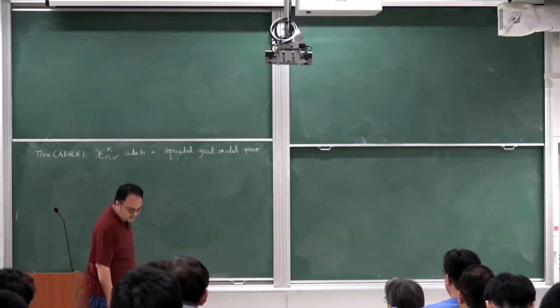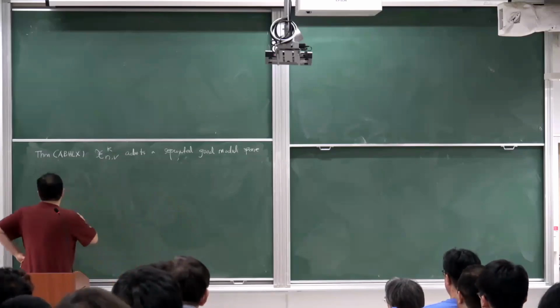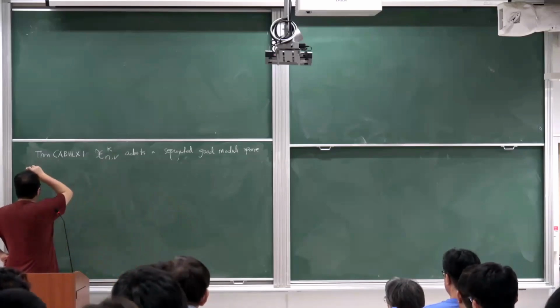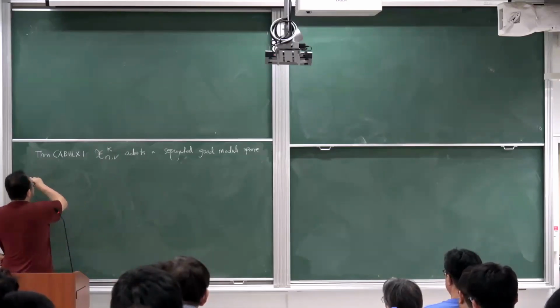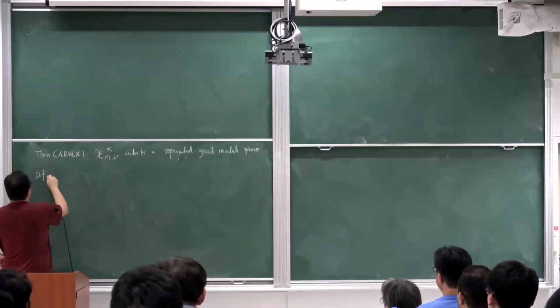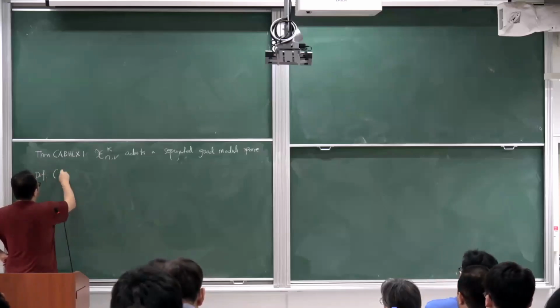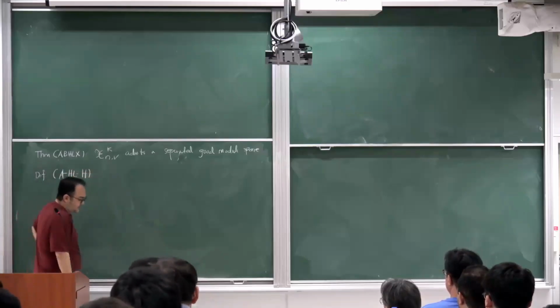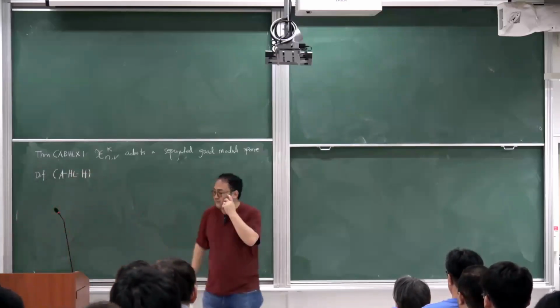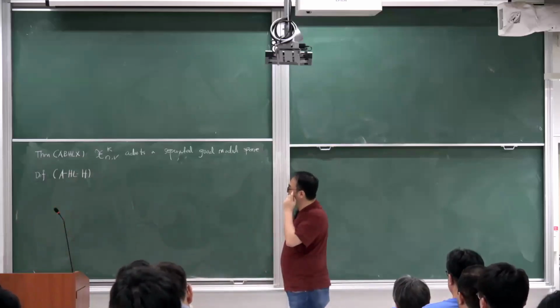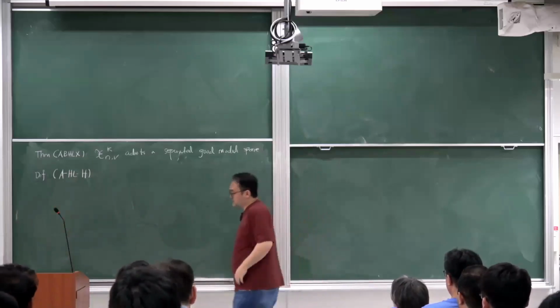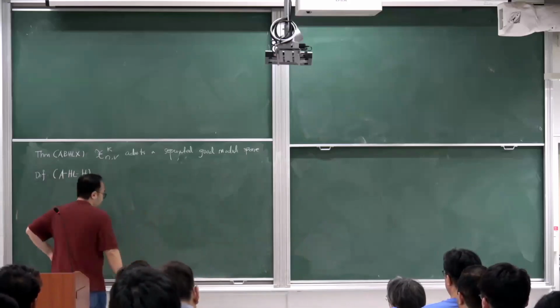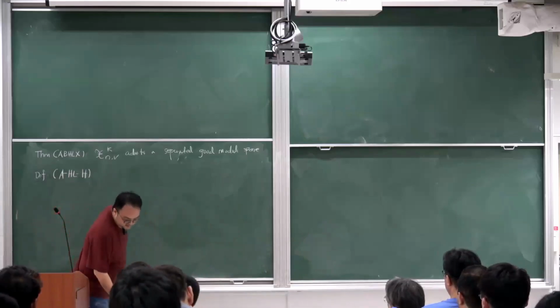So how do we prove this? Let me first introduce a very nice criterion by Alper, Halpern-Leistner, and Heinloth. They give a functorial, evaluative criterion to check when a stack has a good moduli space.